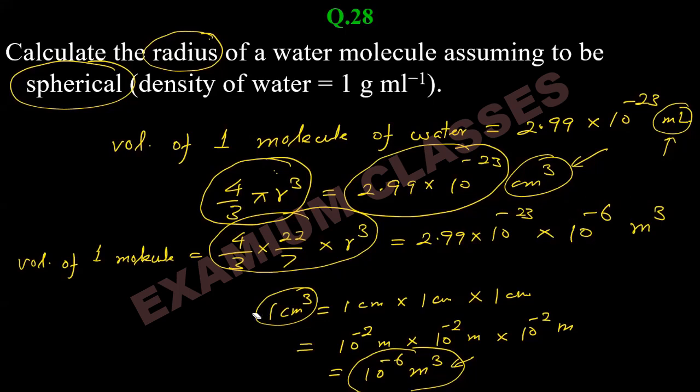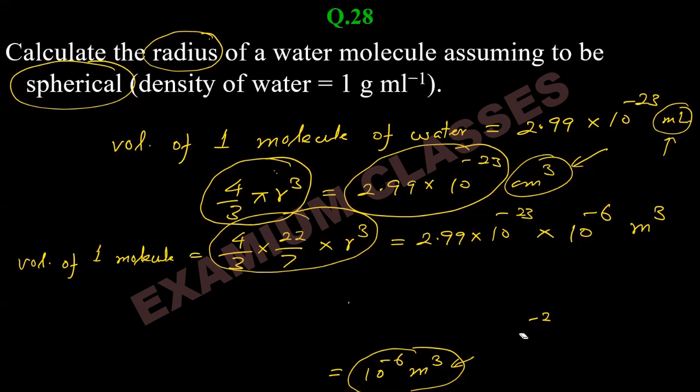Now we can simplify this to get the value of r cube, and then you need to take the cube root of that. When you take the cube root, you will get the answer in meter, remember.